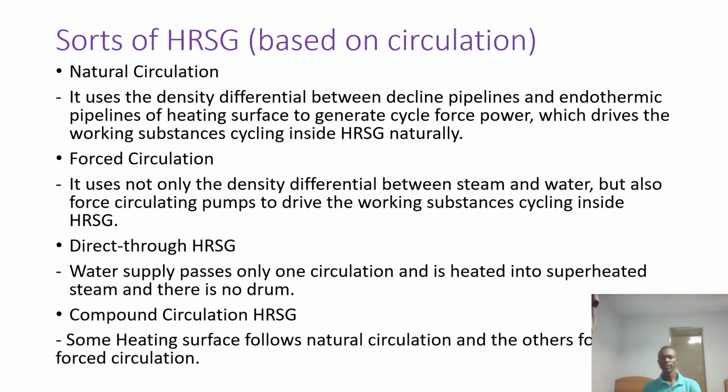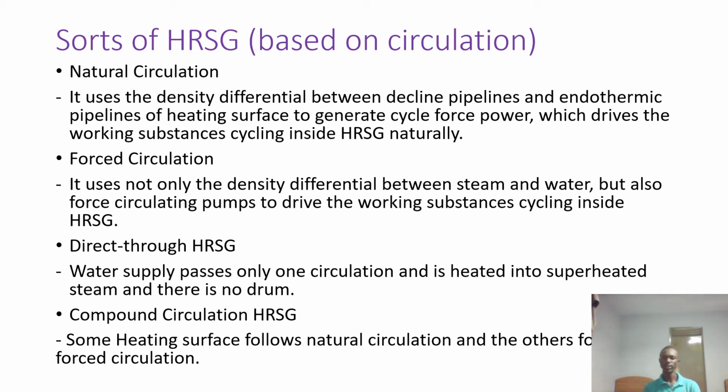Hello, my name is Daniel and I will be talking about the sorts of HRSGs, starting with the ones based on the circulation way. One is based on natural circulation. Because of heating inside the boiler, there will be a density differential between the hotter and the cooler fluid.